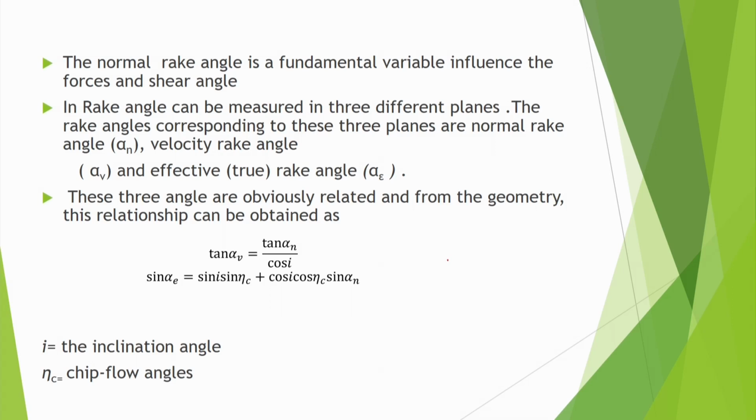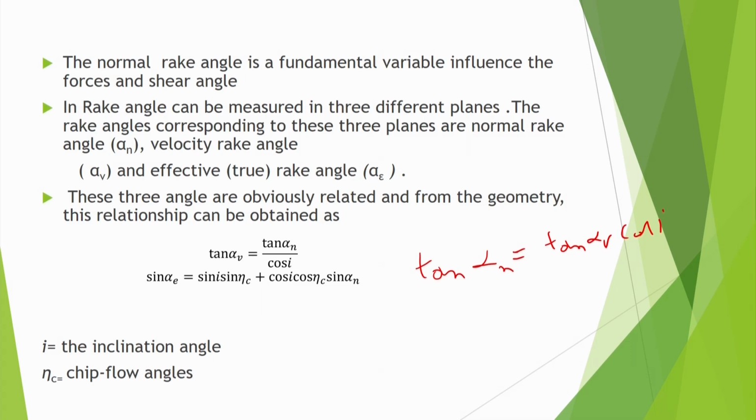I can give some hint again: tan alpha n is equal to tan alpha v into cos I. That means tan alpha n, the normal rake angle, will be somewhat less and this will be more. So it is like this.